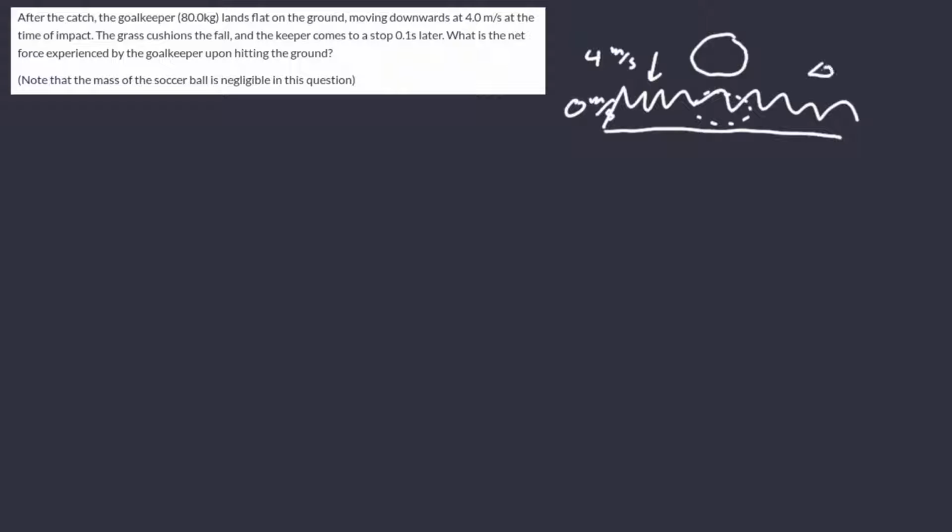And this all happens within a span of delta t equals 0.1 seconds. So to solve this, we're going to use our restatement of Newton's laws. We initially learned this as net force is equal to m times a, but we also learned another way to write this is the change in momentum divided by the duration of time, or delta p over delta t.